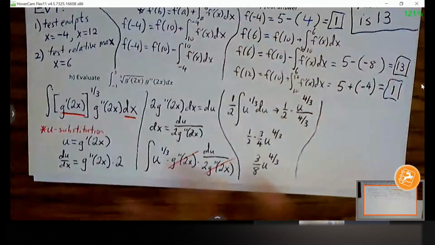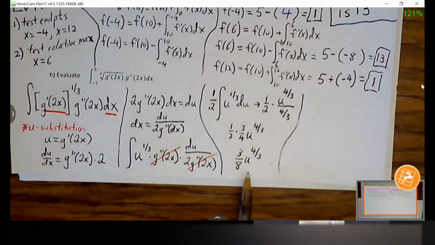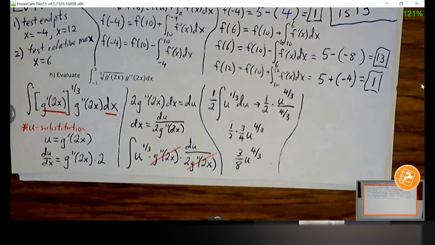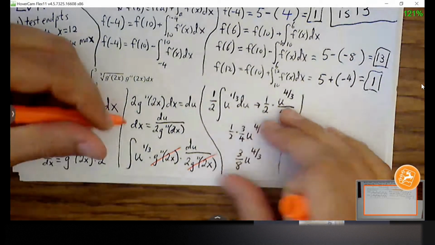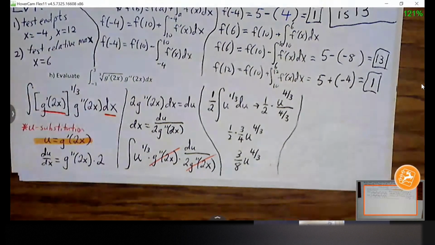Okay, we know we have to involve bounds, but I think maybe a little bit cleaner, let's just get this back in terms of x. That way we don't have to change the bounds. So I'm going to replace the u back in terms of x, which is my original u substitution. So it's going to be this whole thing here.